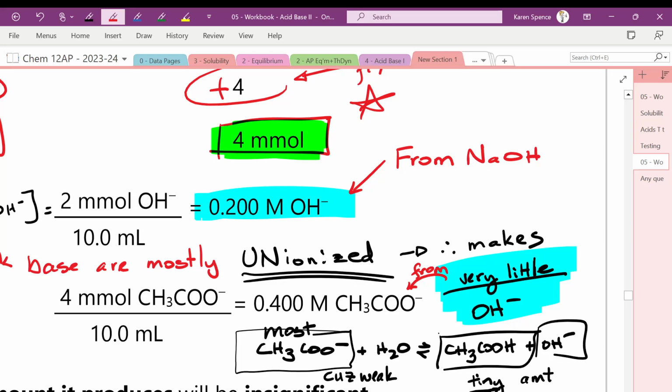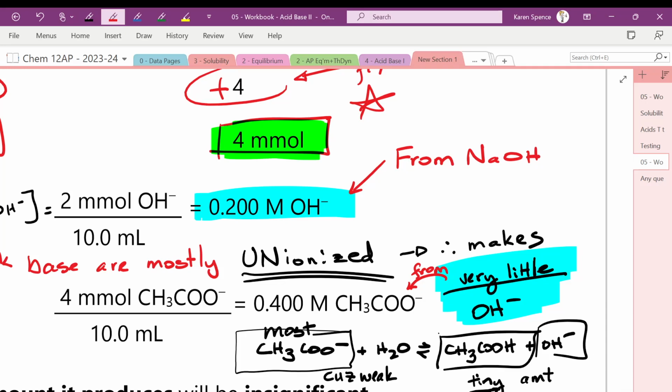So the species present are going to be the weak base, and a little bit of extra hydroxide. But if it's very little, what do you think that's going to compare to 0.2 molar? It's going to be insignificant.